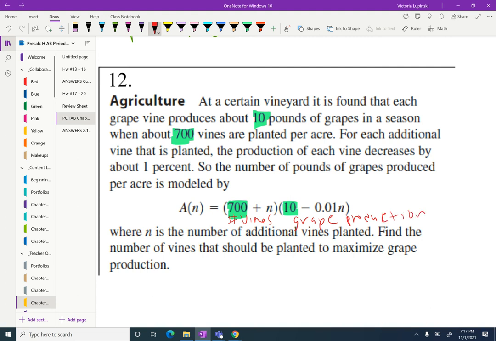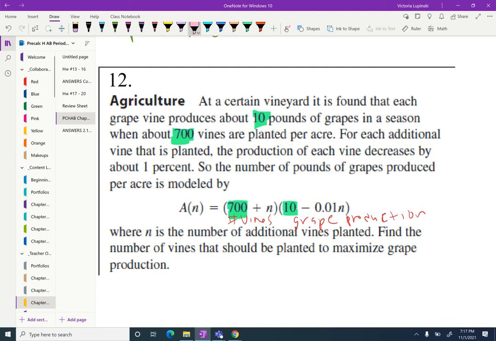If you had a 10,000 acre vineyard, you might think to yourself, well, maybe I should just plant as many vines as possible. But the truth is, at a certain point, those vines have to share the water and the nutrients and the soil. So you're trying to find that perfect number where you can maximize your grape production for every single one of your vines. So you're starting with 700 and you're getting 10 pounds of grapes each.